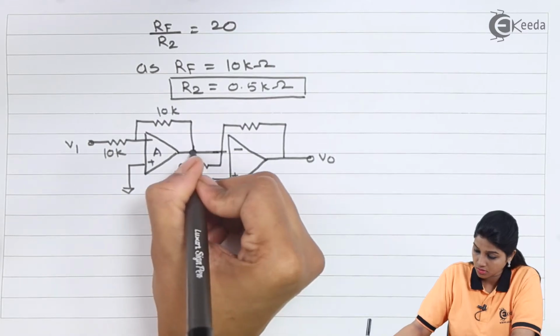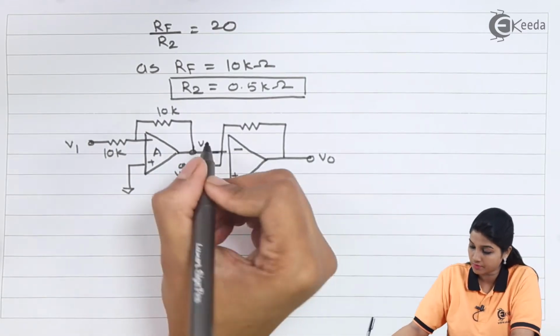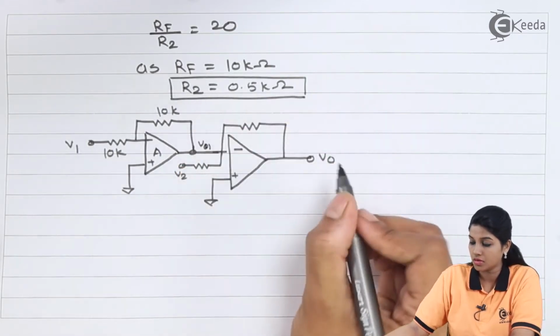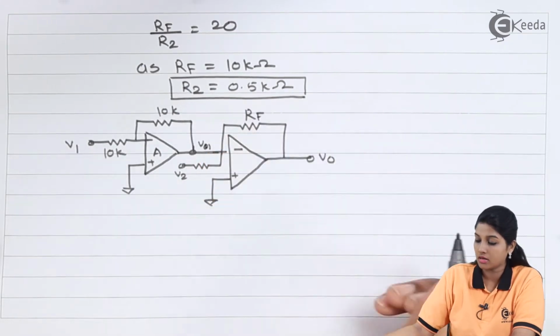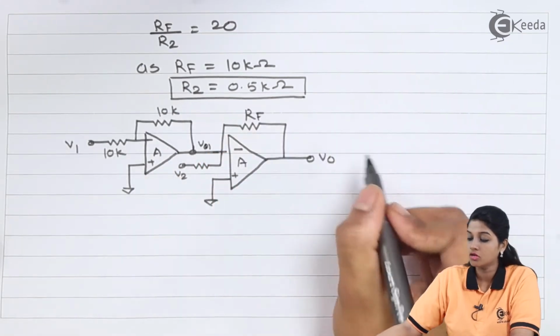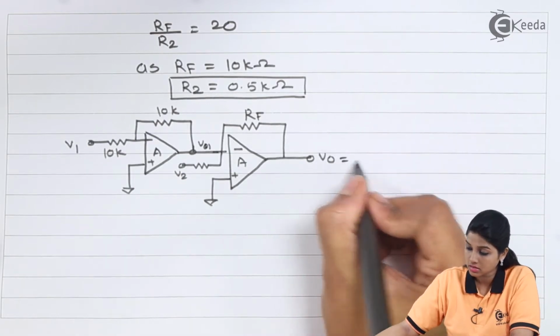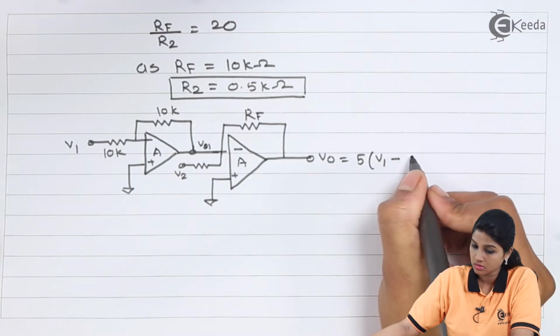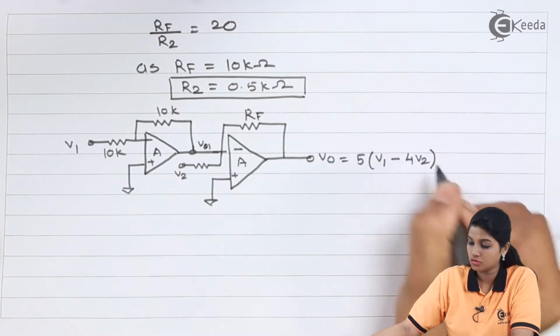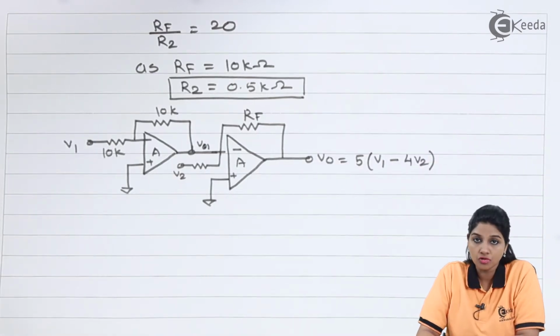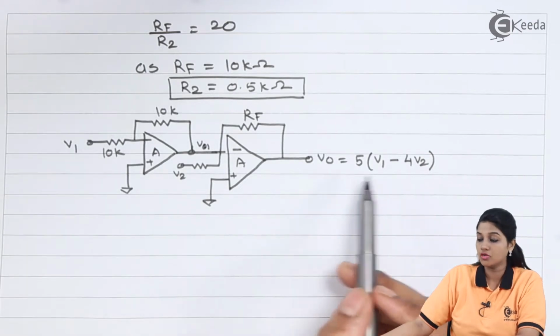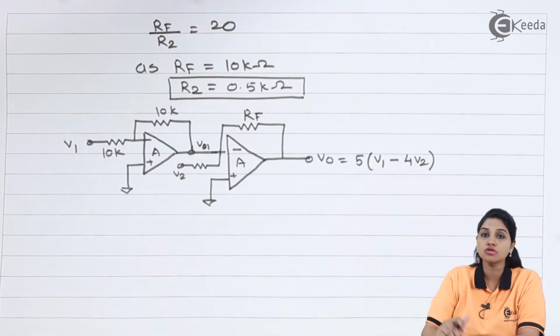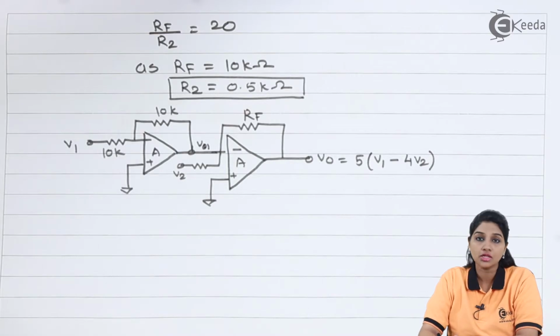This is V2 and this is V1, or we can say VO1. This is the value of RF. So we will get the output equation as 5 into V1 minus 4V2. So if we substitute the values of resistor, we get the output equation VO as 5 into V1 minus 4V2. Now let's move to the next problem.